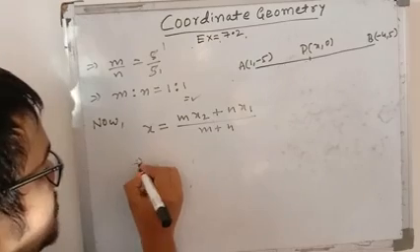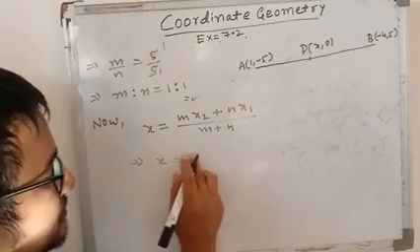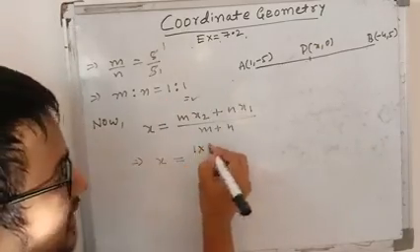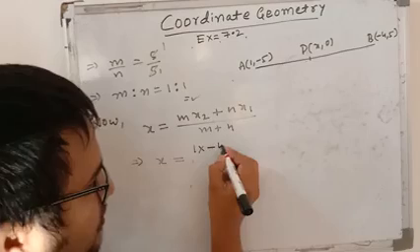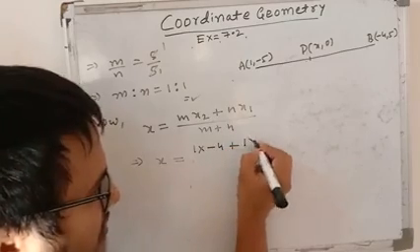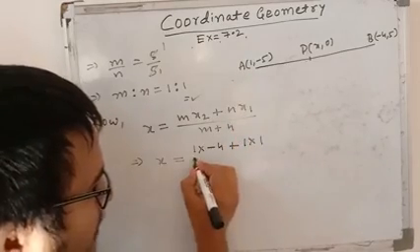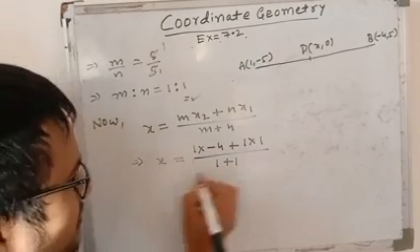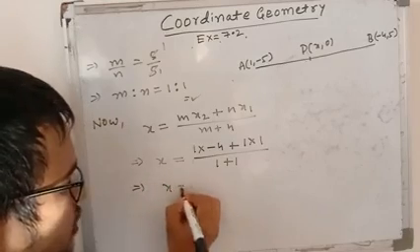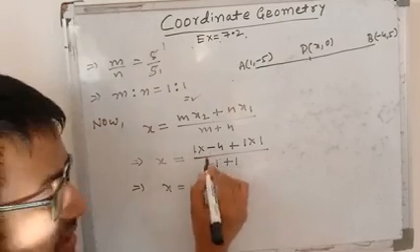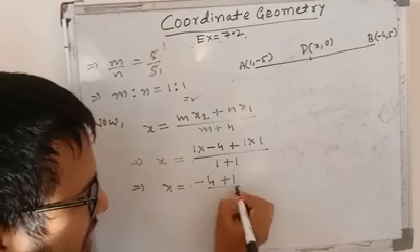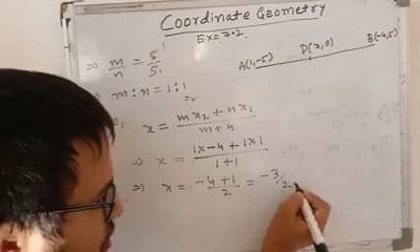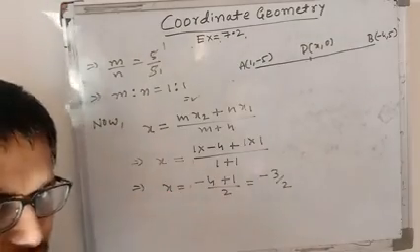This implies m is 1, x2 is -4, plus n is 1, x1 is 1, all divided by 1 plus 1. So x equals (1 times -4 plus 1) by 2, which is -3 by 2. So the value of x is -3 by 2.